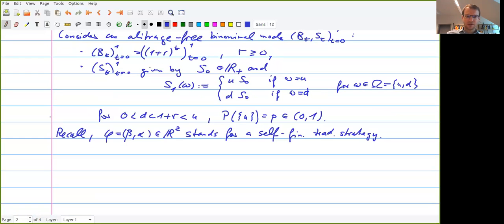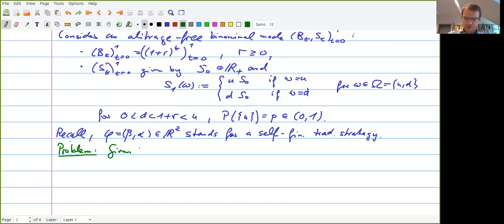What is now the problem I would like to consider in this market? You might have seen similar examples also in some economics courses. So what do I want? I have a given initial capital.